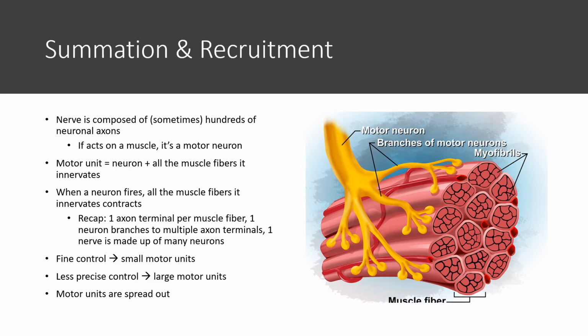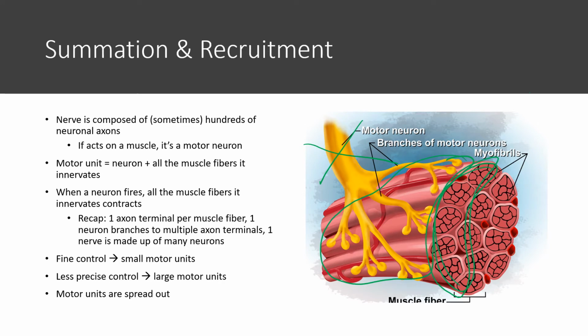Motor units are spread out and don't really overlap much, if at all. So if you just cut off the motor neuron, the branches that innervate certain muscle fibers will no longer be able to communicate an action potential, and these muscle fibers won't be able to contract.